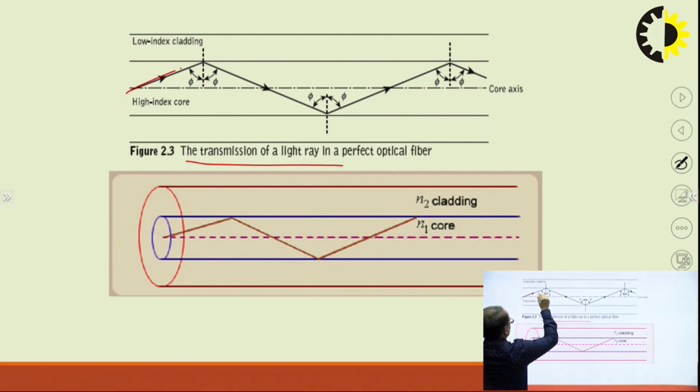Now see, let's say this is the optical fiber cable, this is the core, and this is the cladding. The ray enters the optical fiber cable, making an angle phi at the core cladding interface, and this phi must be greater than what?